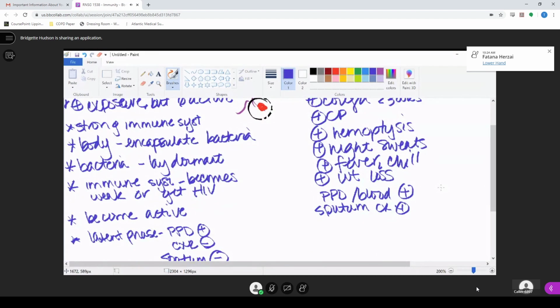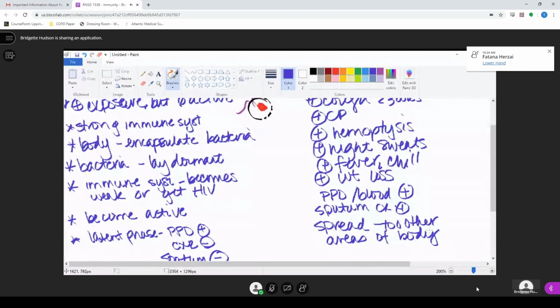One thing most people may not be aware of is that TB can spread to other areas of the body. What body systems could it potentially go to? Spine, kidney, lymphatic.